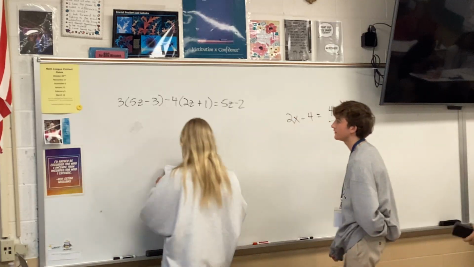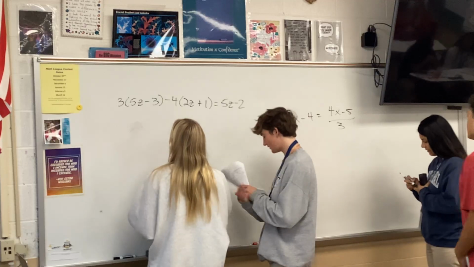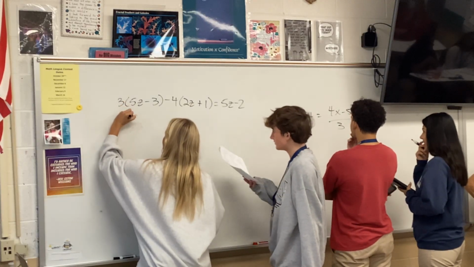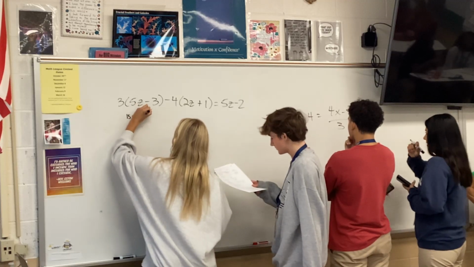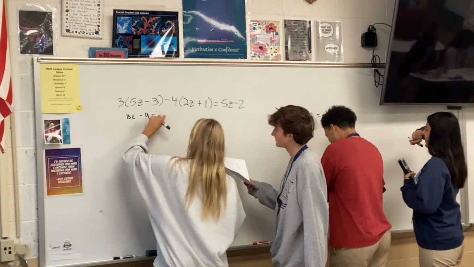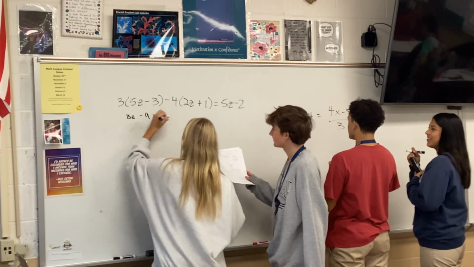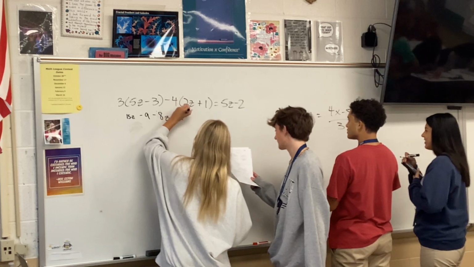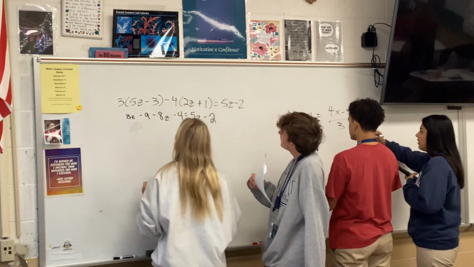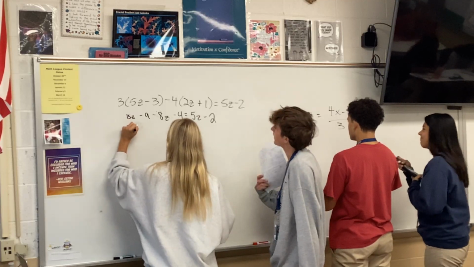Okay. 15Z, minus 9, minus 8Z. Guys, got it down already? Minus 4 equals 5Z minus 2. And then 7. Yeah. And then do like the minus 13.